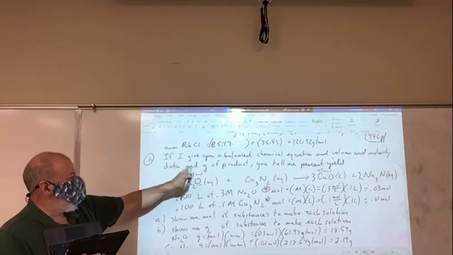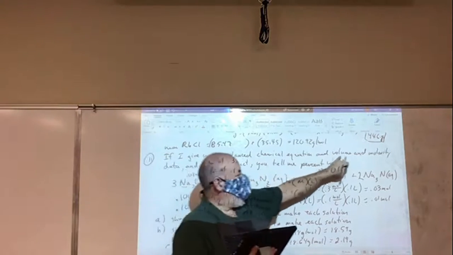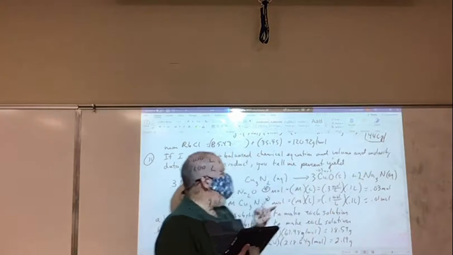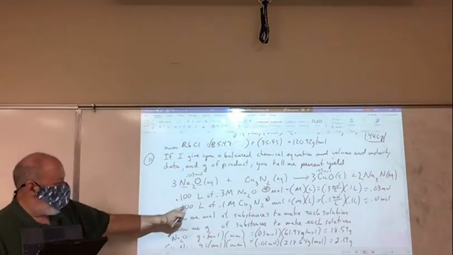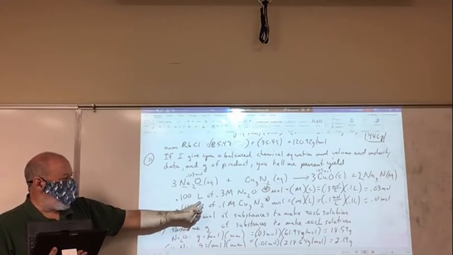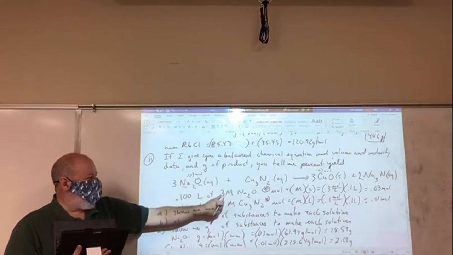That's what I mean here when I say I'm going to give you volume and molarity data. This is the volume data, right? 0.1 liter. And this is the molarity, right?